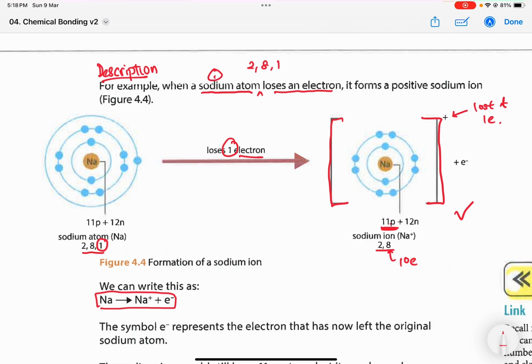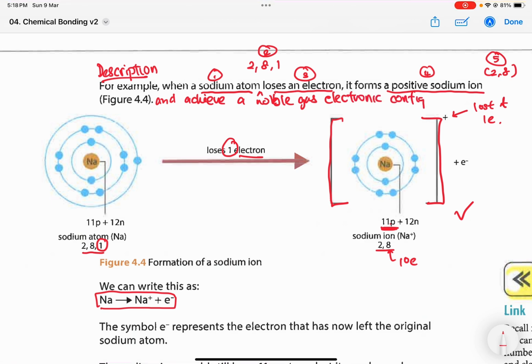After it loses an electron, it forms a positive sodium ion, electronic configuration 28, and achieves a noble gas electronic configuration.